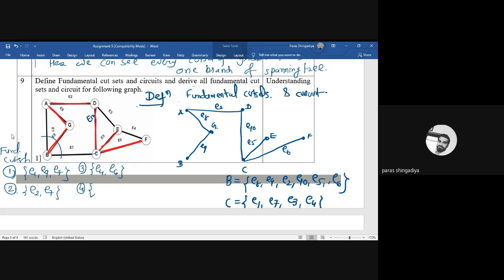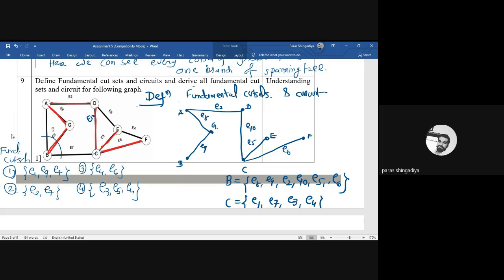E3, E5, E4. Very good. Think about E3, E5, E4. E6 is this one. Which vertex will be disconnected? E will be disconnected. Clear?